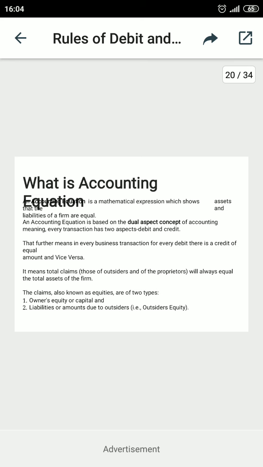A business can borrow from owners and from outsiders. So the total claim is equivalent to total liabilities plus total capital, and total assets means the variety of different kinds of assets. So the formula can be total claim equals total asset, or asset equals liabilities plus capital.